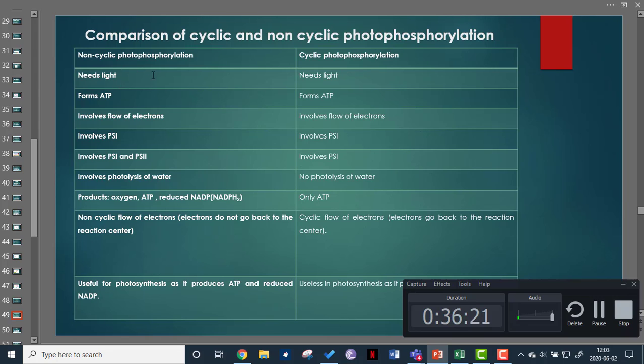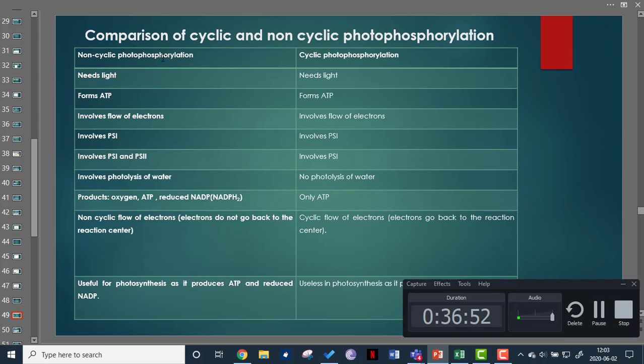Non-cyclic photophosphorylation requires light, the same as cyclic photophosphorylation. Both of them form ATP. Both of them involve the flow of electrons. Both of them involve photosystem 1. But the difference comes in photosystem 2, which only occurs in non-cyclic photophosphorylation, while cyclic involves only photosystem 1.